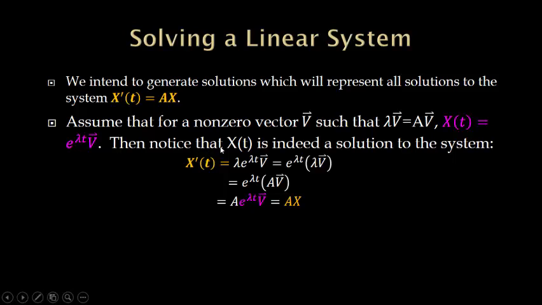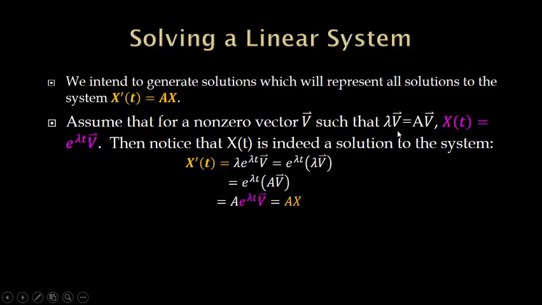If we make those assumptions, then notice that x is indeed a solution. If you plug in this purple portion right here, x prime would be lambda e to the lambda t times v. V is a vector containing constants. I've rewritten this by pulling out the e to the lambda t, so this is a scalar times a vector, which is just a vector containing constants.